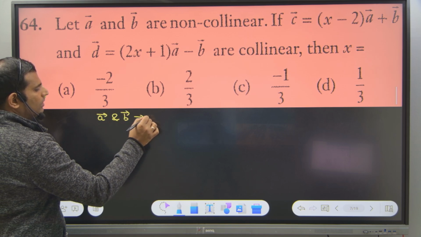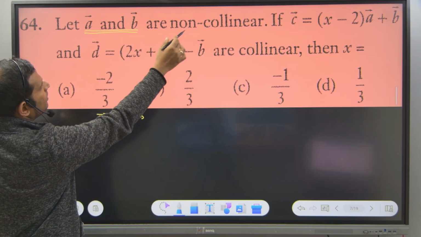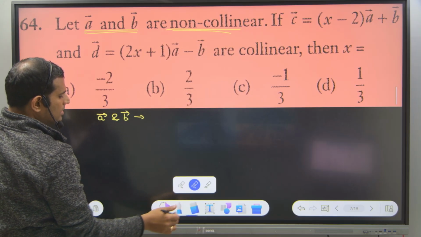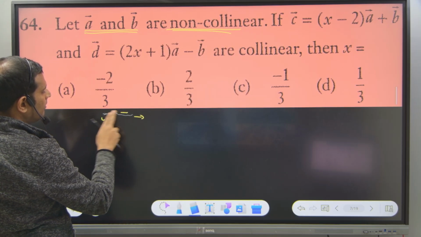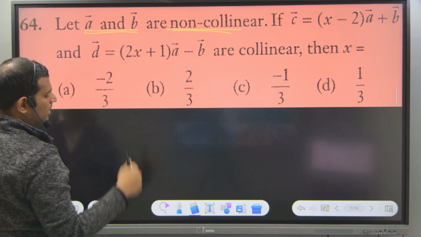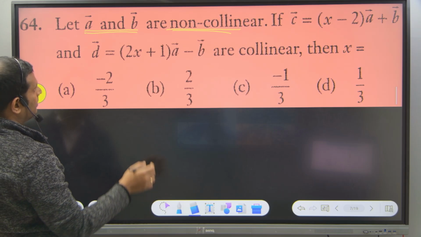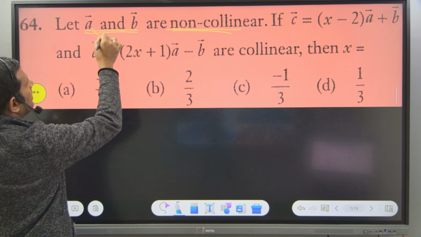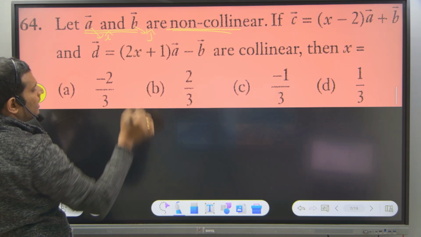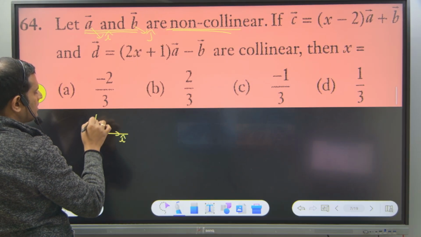Here they are saying A and B, are they collinear or non-collinear? Non-collinear. You remember last class I told you, whenever they say vector A and vector B are non-collinear, we can assume something. What can I assume for vector A? Very good. For vector A I can assume i cap and vector B as j cap. Why? Because i cap means x axis, j cap means y axis.